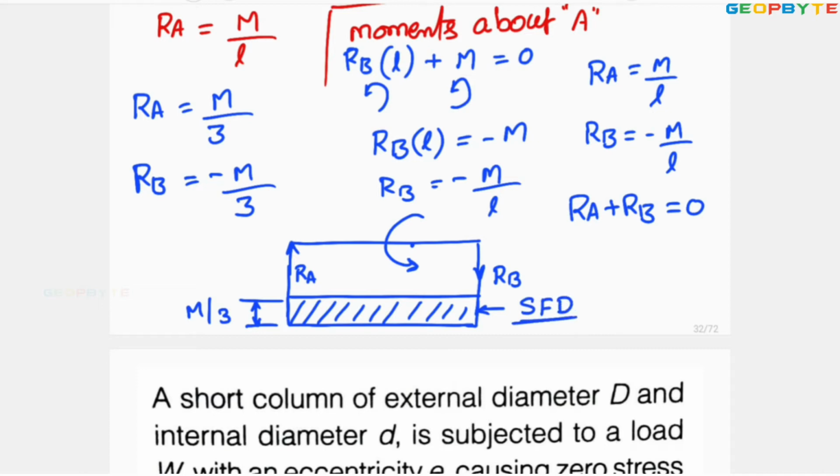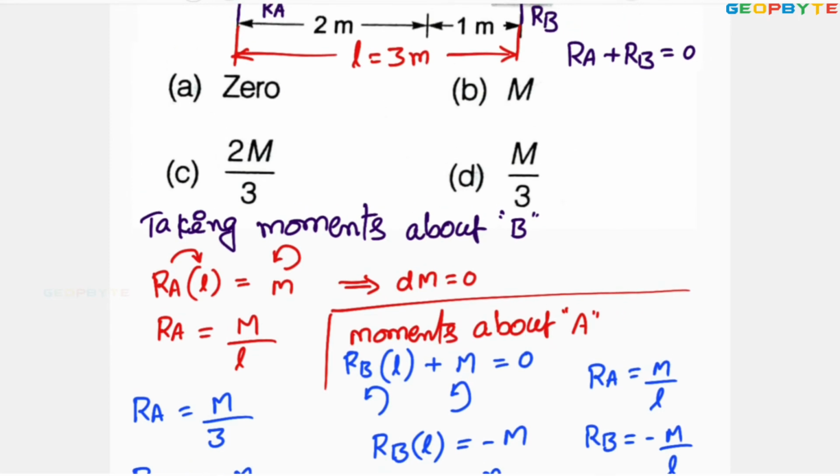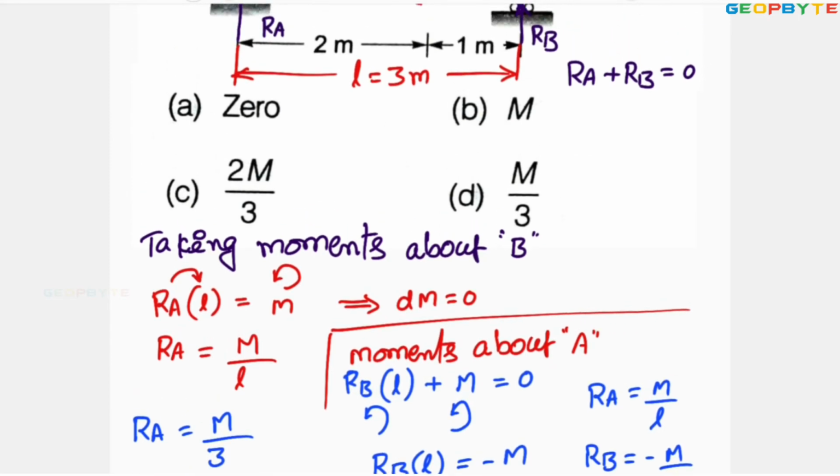Anyhow, the shear force value is RA, that is M by 3 meters. Now look at the options. Look at option D. Option D is M by 3 meters. Therefore, option D is absolutely correct. I hope you got my point.